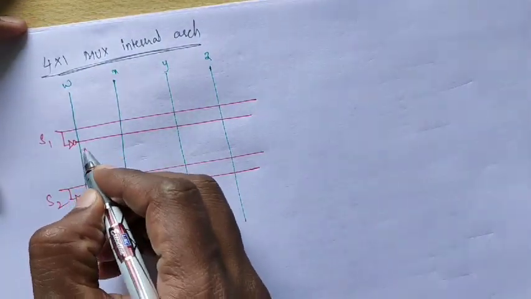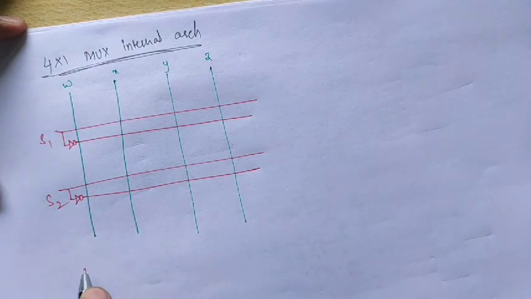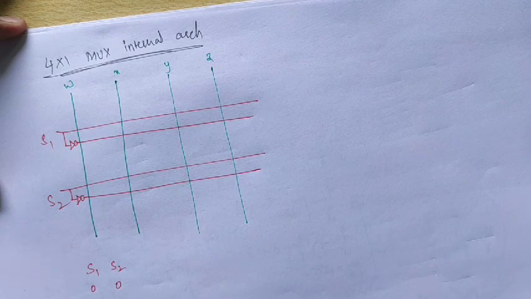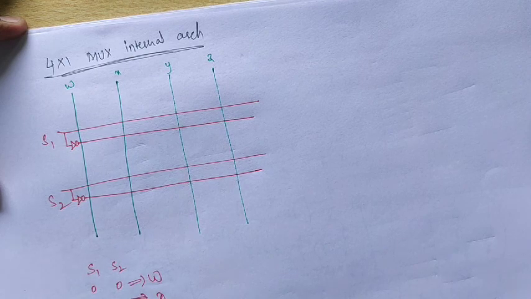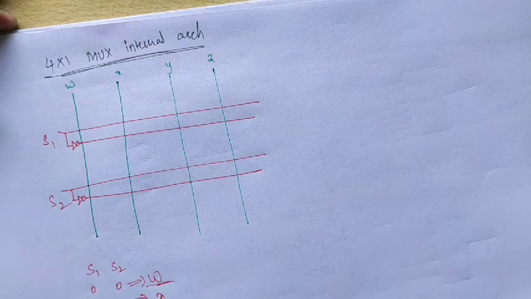Whether it is S1 and S2, how to select the inputs by using the selection input. S1 S2 possible combinations: 0 0, 0 1, 1 0, 1 1. So when it is 0 0, first line is active, that means W. W is activated when S1 is 0, S2 is 0.